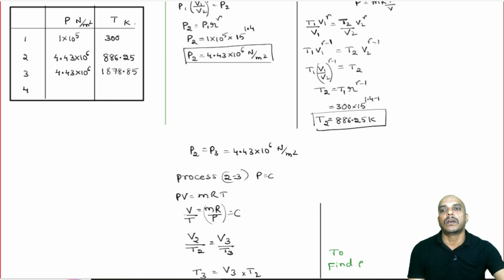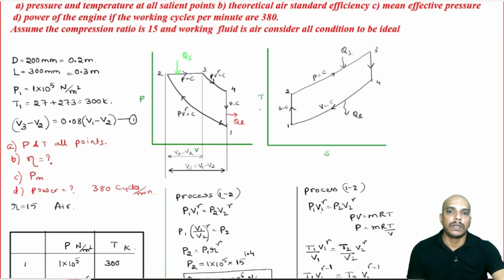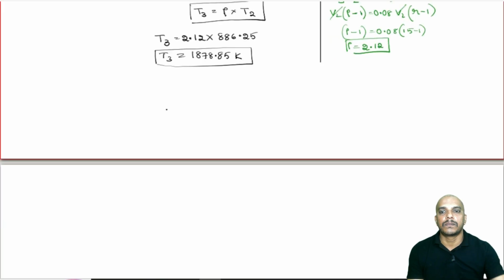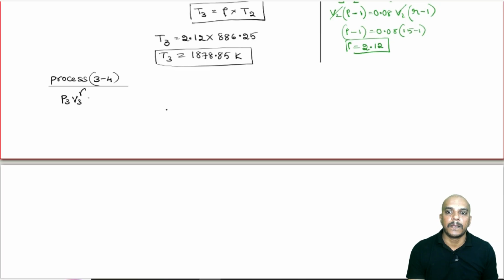Now let us go for P4 and T4. I think it is better to go for process 3 to 4. Using process 3 to 4, we can write P3 V3 power gamma is equal to P4 V4 power gamma.